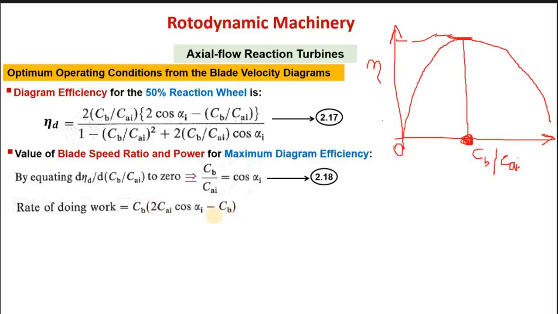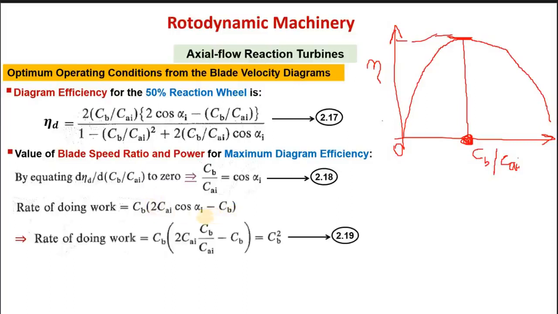Okay, so now in this equation we can replace cos alpha I with CB over CAI for optimum condition. So after simplification, the maximum rate of doing work or maximum power output per unit mass flow rate, because here m dot is not written, so it means it's for 1 kilogram of fluid flow, and that is CB square, right?